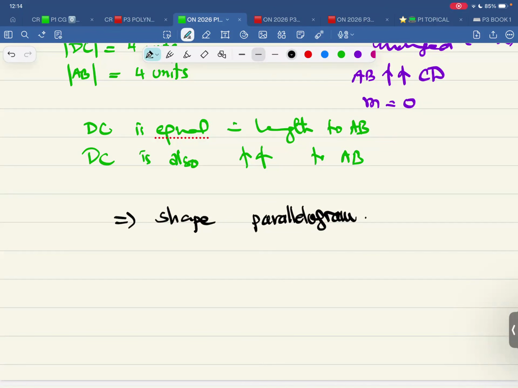Okay. So how to prove the quadrilateral is a parallelogram. Is it all good? All clear? Just acknowledge the message on the group. I hope everyone is on that particular group.